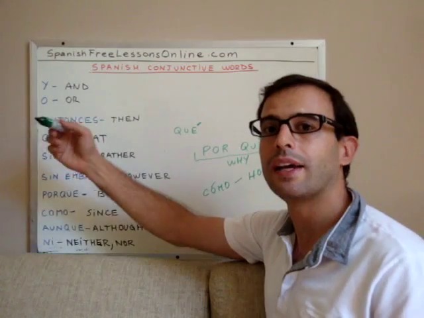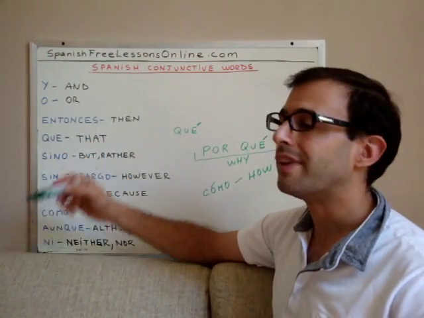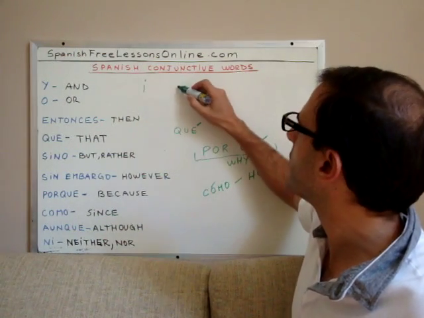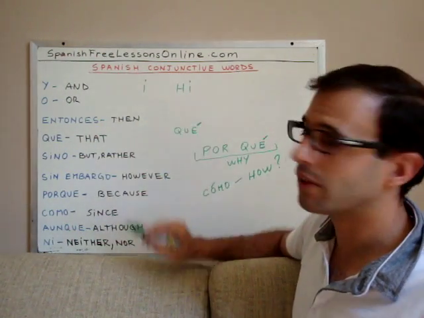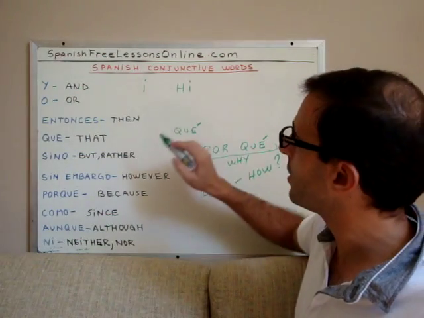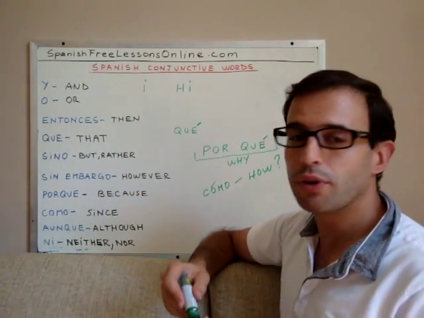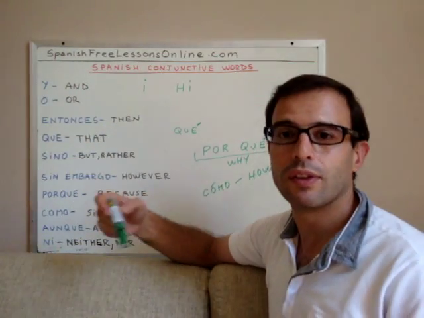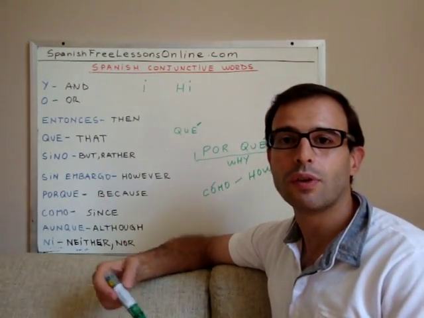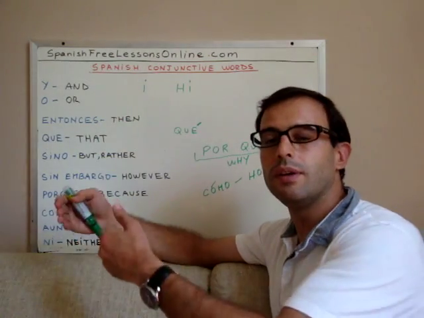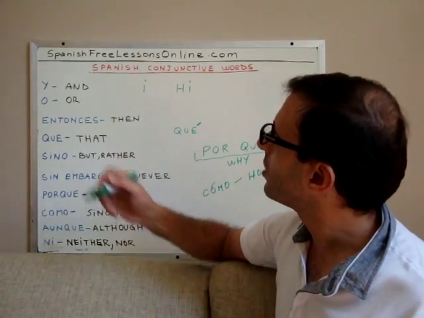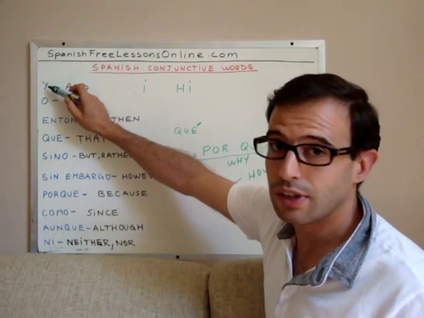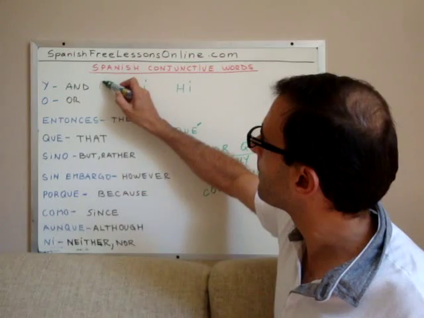Esto y aquello. However, if the next word begins with letter I or HI, since H is mute in Spanish, in order to avoid the sound of I and I together, then the conjunctive word y changes to e.